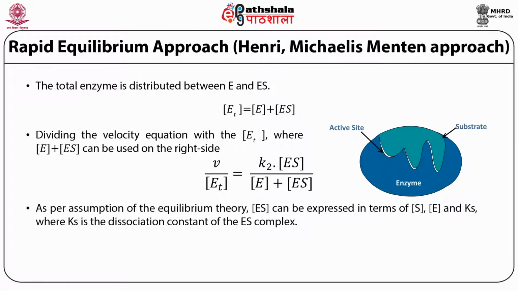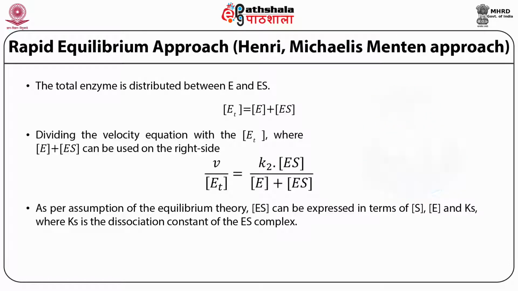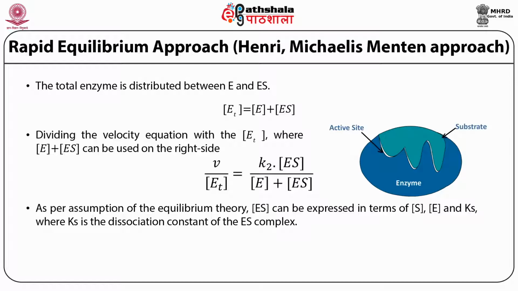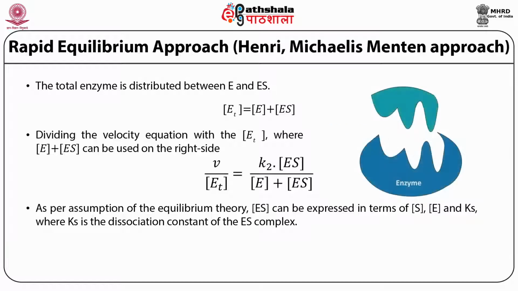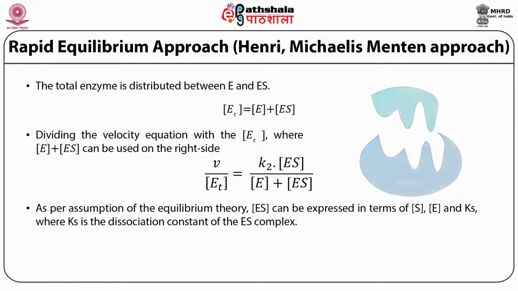But if you remember the assumption of equilibrium theory, the ES complex can be expressed in terms of substrate concentration, free enzyme concentration, and dissociation constant. The dissociation constant of a reaction where we have equilibrium between formation of the ES complex and its breakdown is like that of a normal reaction where A plus B combine to form C plus D. So the overall reaction has a dissociation constant.